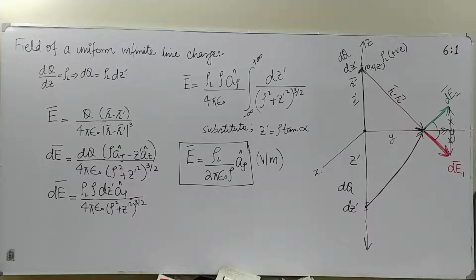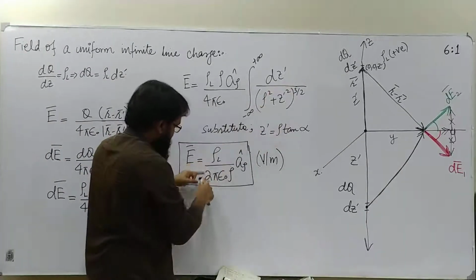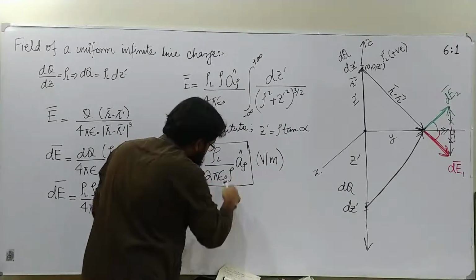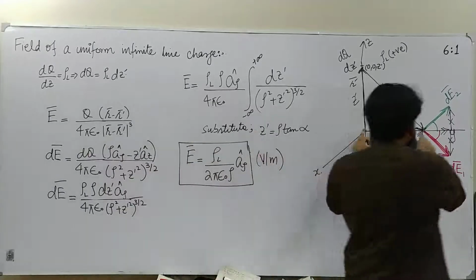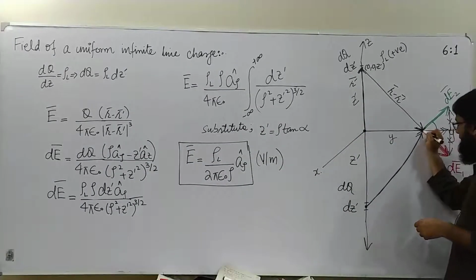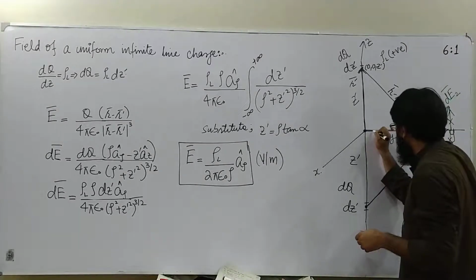All right, where this rho l is the density of the line charge, 2 pi epsilon naught is constant, epsilon naught is the permittivity of free space. What is this rho? If this is the field point and you want to find rho, just drop a perpendicular.